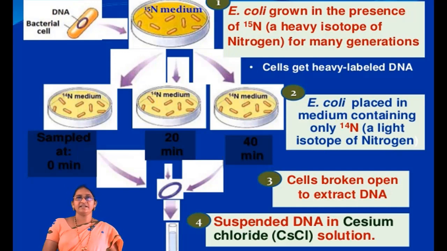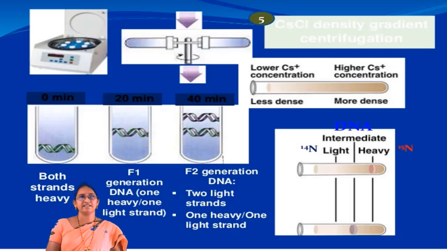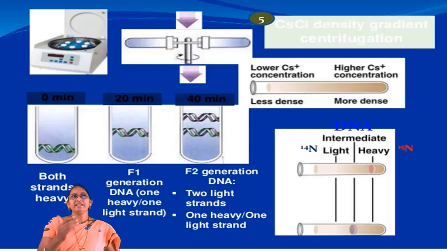studied the density of the DNA using density gradient centrifugation with cesium chloride. Density gradient centrifugation is used to separate molecules based upon their different densities. The gradient used is cesium chloride, which is denser at the bottom and lighter at the top.